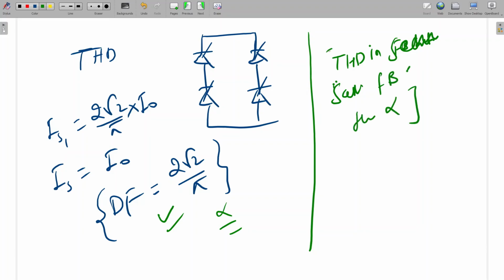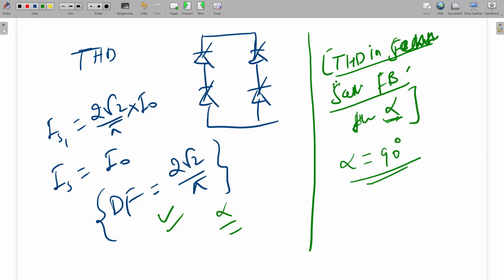If a semi converter is given, and the THD of the semi converter is the same as the THD of a full bridge converter, then what will be the value of alpha in the case of the semi converter? In that case, in reverse way, if we do the calculation, we'll get the value of alpha equal to 90 degrees. Is it clear?